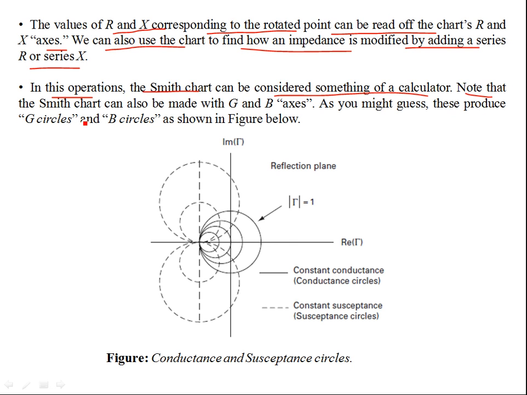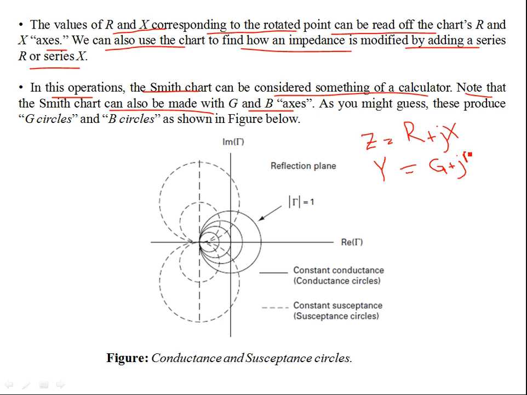Note that the Smith chart can also be made with G and B axes. You see, you have Z as R plus jX, but if you want to treat this as an admittance chart, you have to rotate it, because 1 over R is the conductance G, and then you have your jB, the susceptance part.